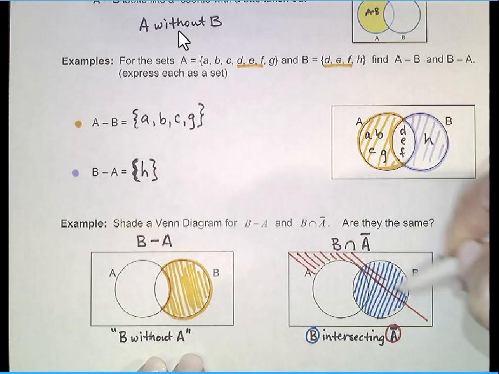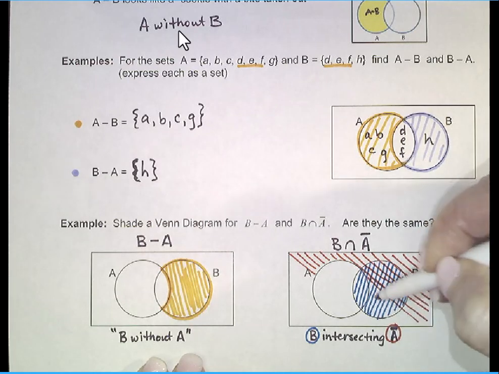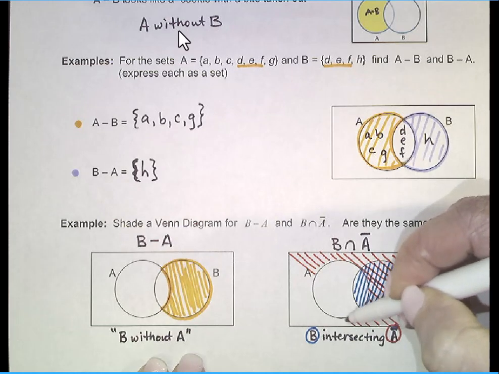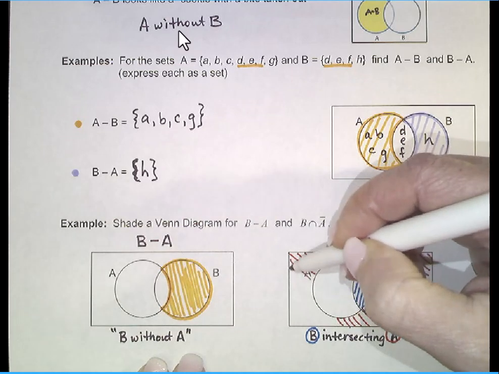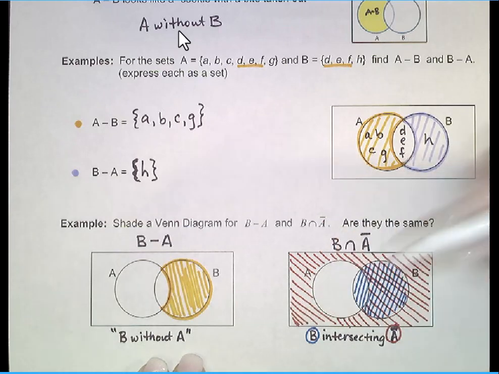You realize it's going to go all the way across here. All of this stuff that I'm shading red is not A. All of this is not A.